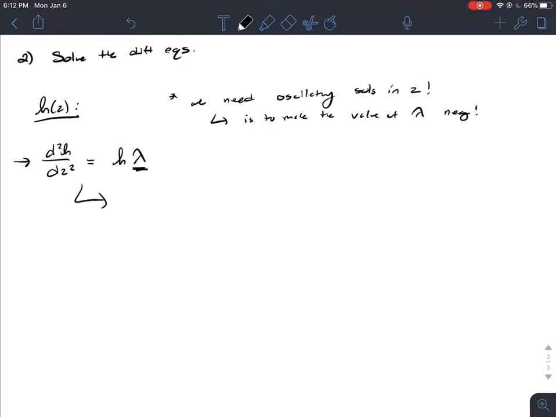So therefore, the solution to this differential equation, if lambda is a negative number, is C1 sine square root of negative lambda times Z plus C2 cosine square root of negative lambda times Z. There should be a negative right here.